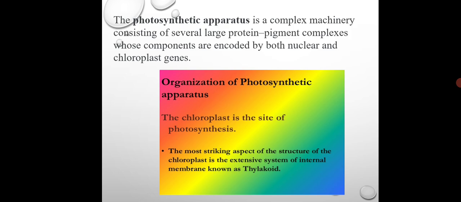While in prokaryotes, in bacteria, the process of photosynthesis takes place in chromatophores.